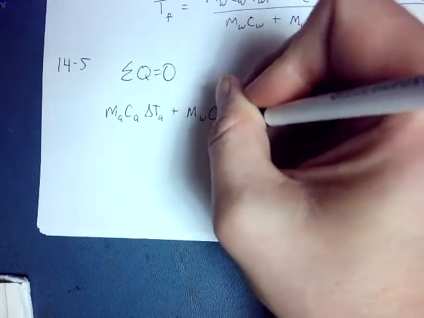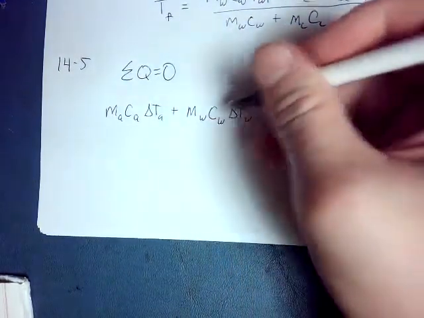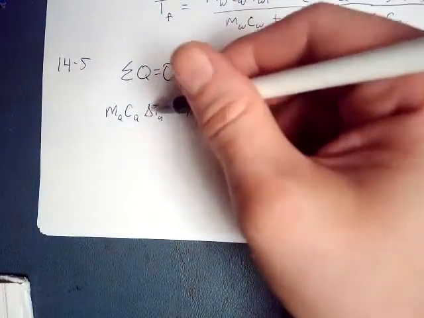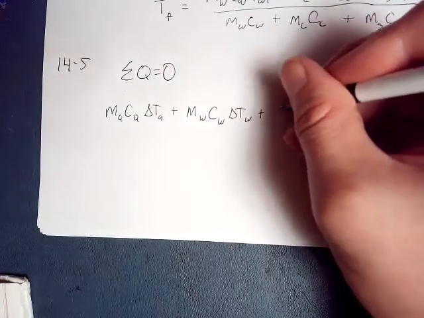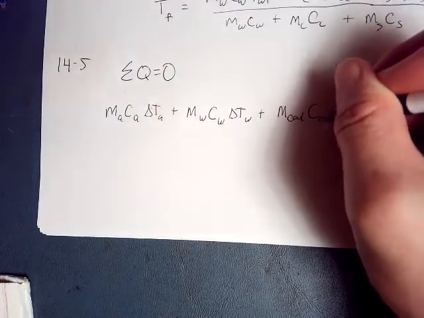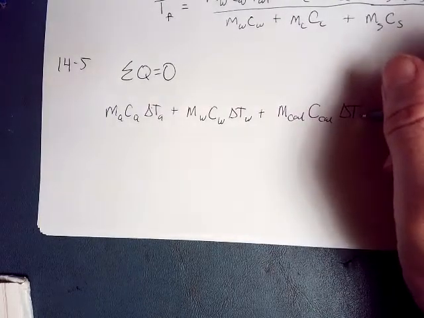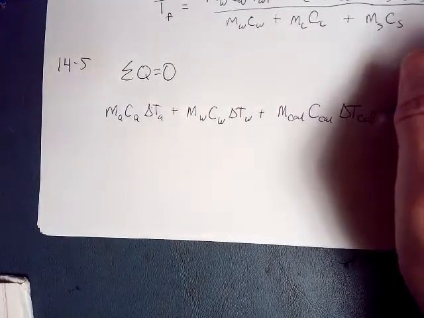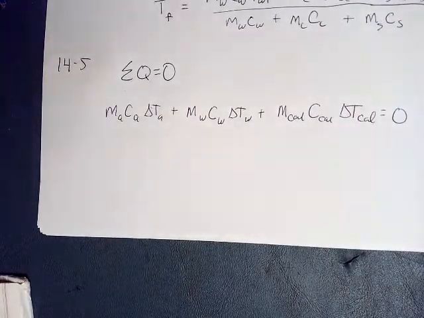So the water's in the calorimeter cup, usually this is a hot temperature initial and this is a cold temperature initial, plus the calorimeter cup itself, which is aluminum. Okay.